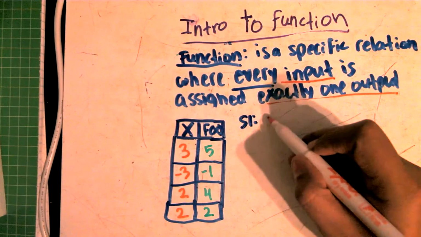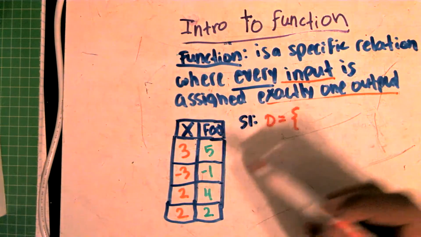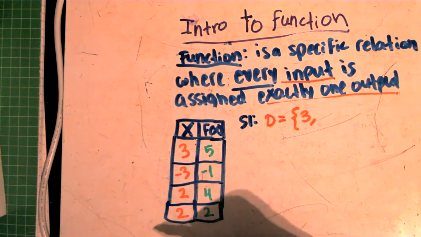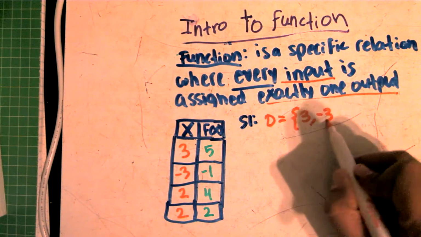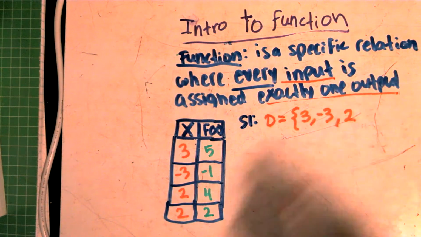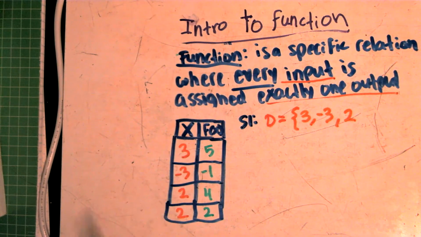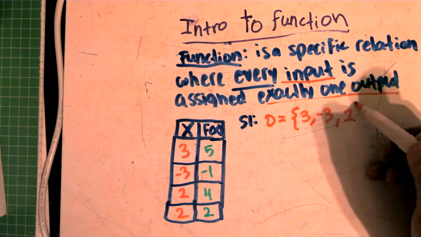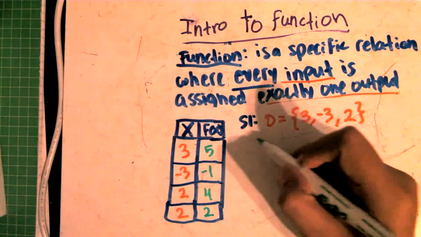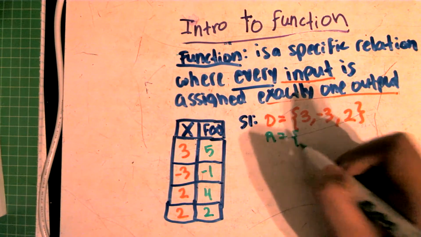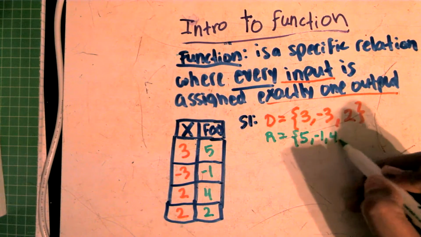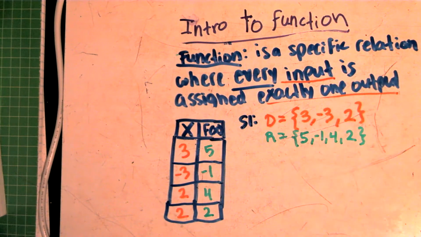I see that 3 is one element in the set of my domain. -3 as well, and I have to list it because they're not the same number. And then 2. I see that 2 is used 2 times, but it's the same number, so I'm not going to repeat it. If I do that, I'm going to make a big mistake, and we don't want that. Then I'm going to list out the elements in the range. We have 5, -1, 4, and 2. I'm going to list them all because they're all different numbers, so nothing repeats.